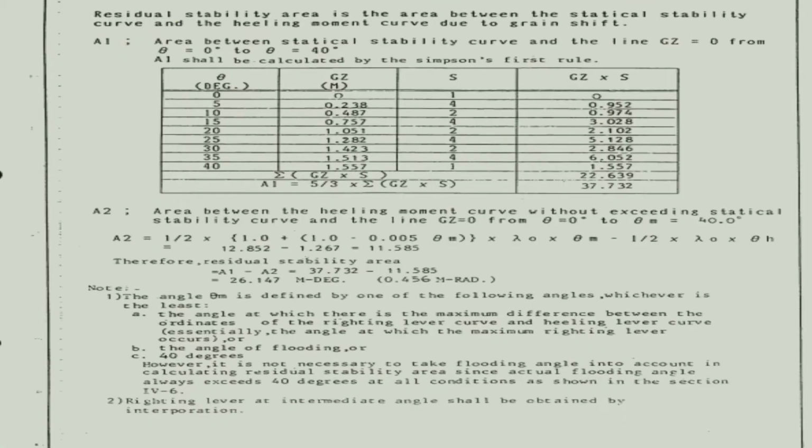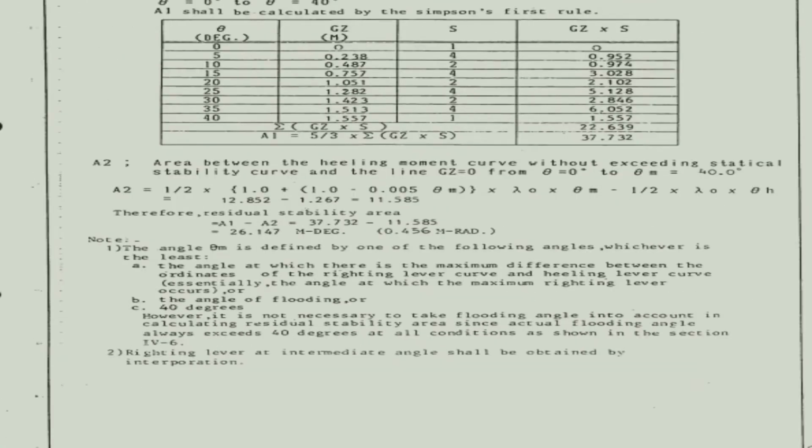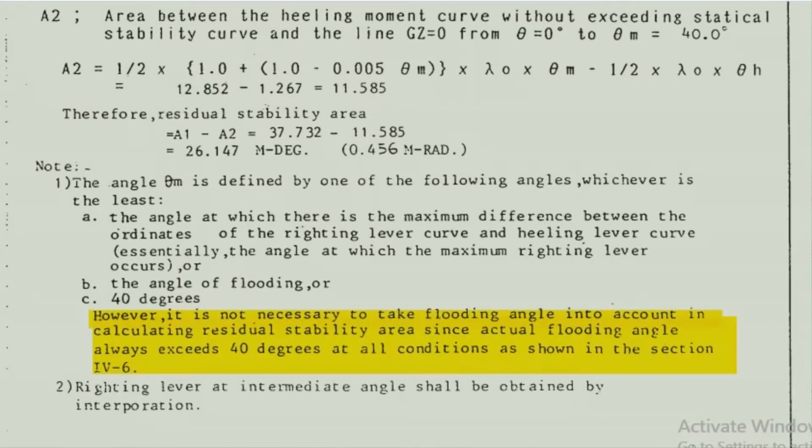This is section number 6, residual stability area. In that section, there are very important notes about the flooding angle. Let's read what they said about it.